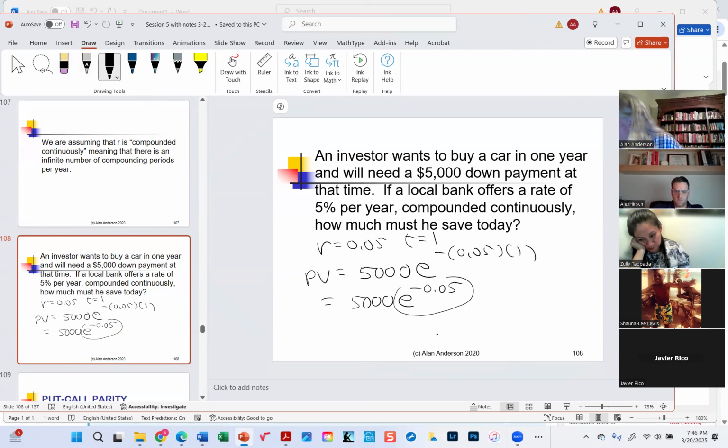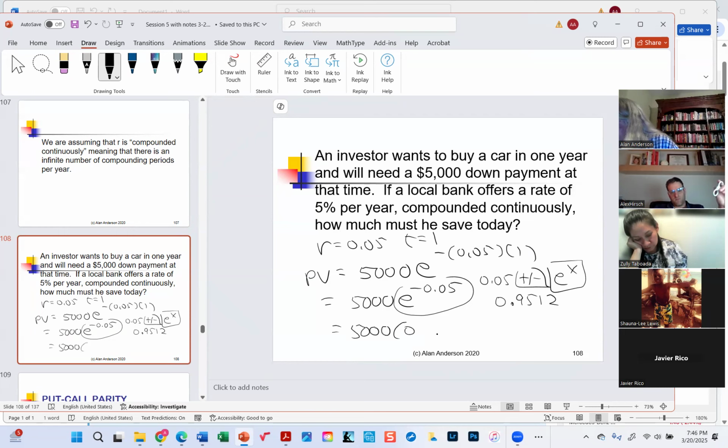To get the amount, you type 0.05, make it negative with this button, and then hit the e to the x button. And it should come back with approximately 0.95. And now when I multiply that by 5,000, 4756.